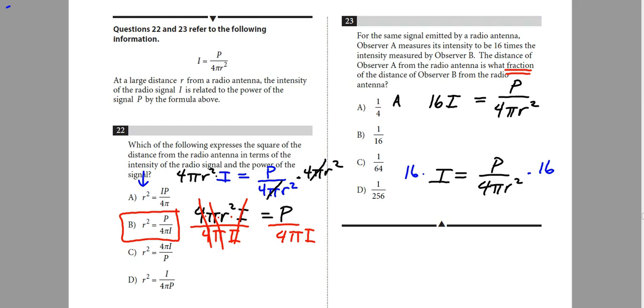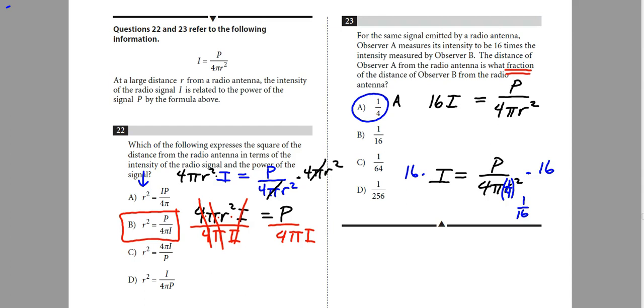How could we have had a 16 over there? Well, it looks like if R would have been 1/4, if you'd had 1/4 of R squared, that would be 1/16 down there on the bottom. And if I had 1/16 on the bottom, I would have had to multiply by a 16 on the right and multiply by a 16 on the left to make that come out the same.